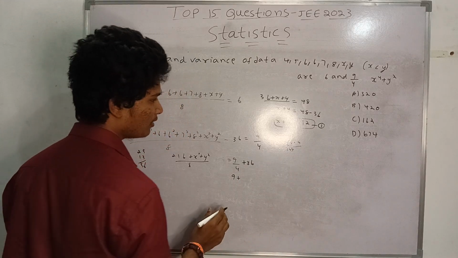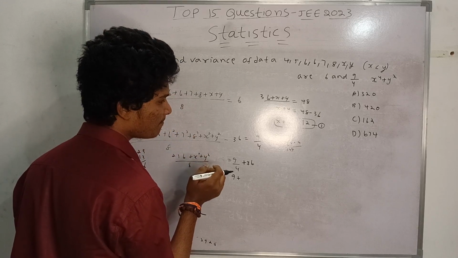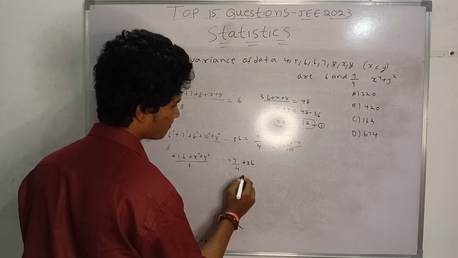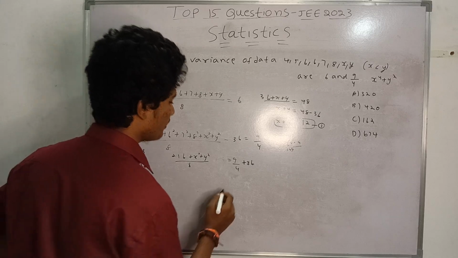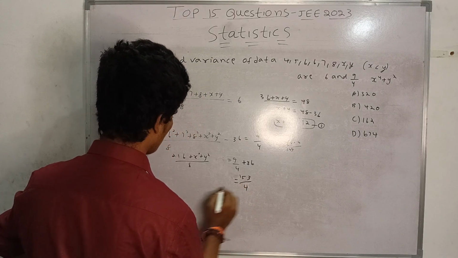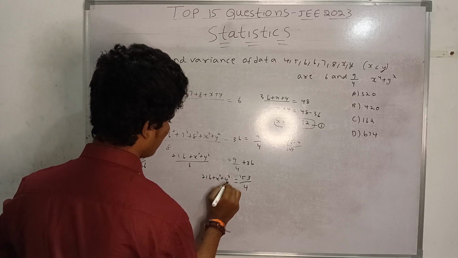144 plus 9, it is 153. 153 divided by 4 simply equal to 216 plus x square plus y square, divided by 8.